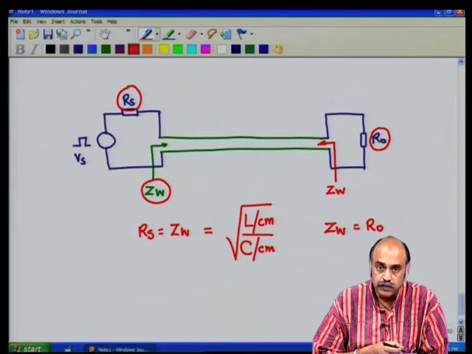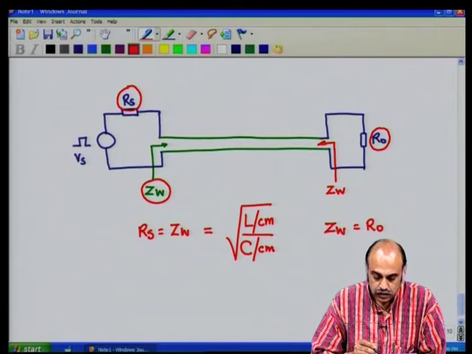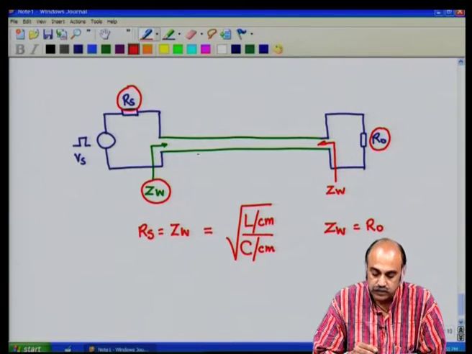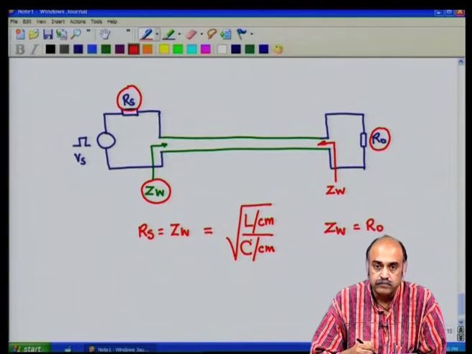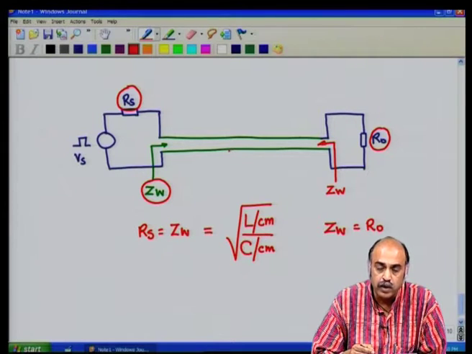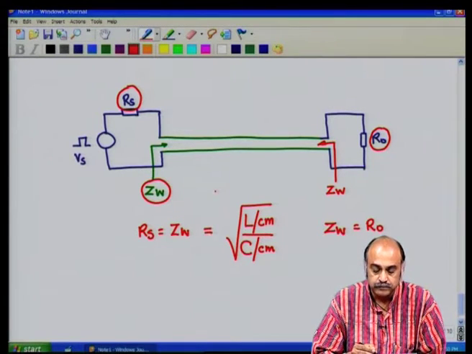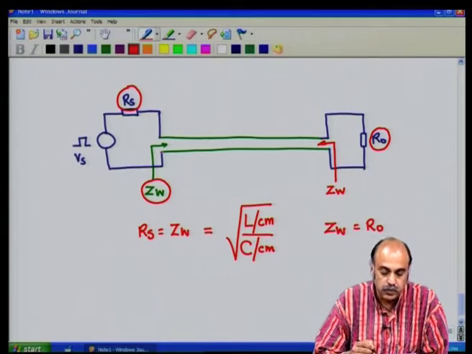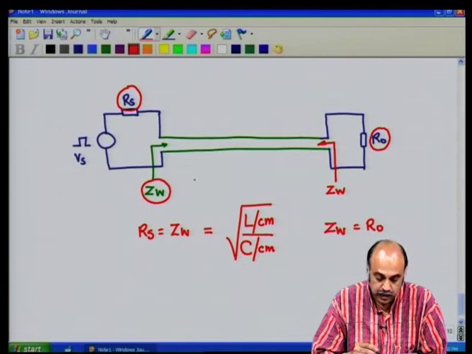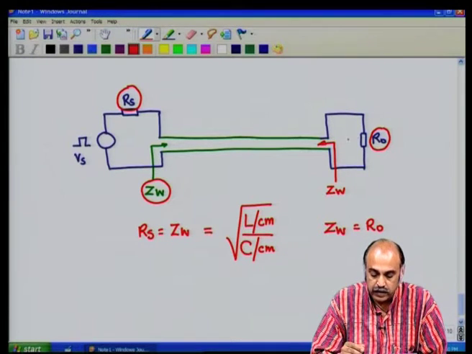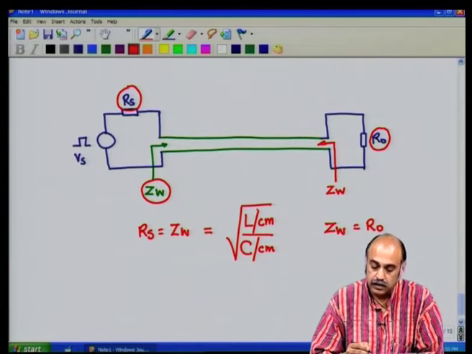So, if we need to decrease the wave impedance of the tracks, we need to increase the capacitance, that is, you need to make the lines broader, make the lines wider, so that you can reduce the wave impedance and then bring about a matching between the source side and the transmission line characteristic impedance. Likewise, the matching between the load side and the track.